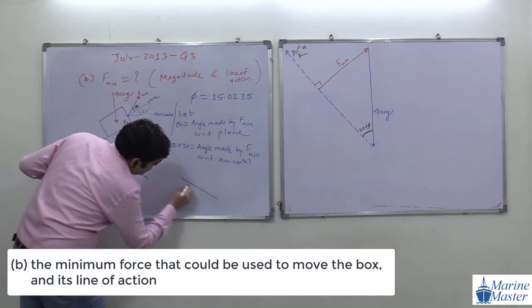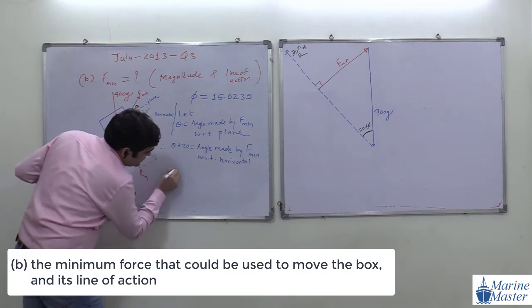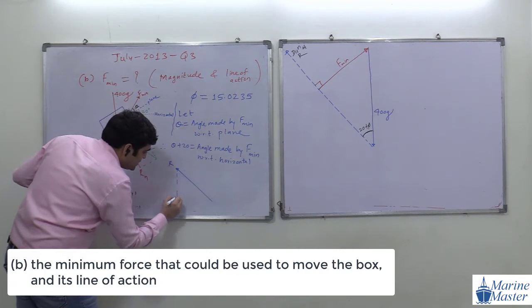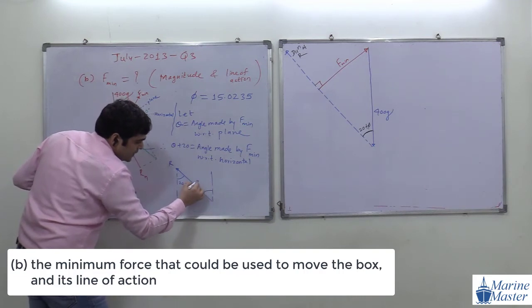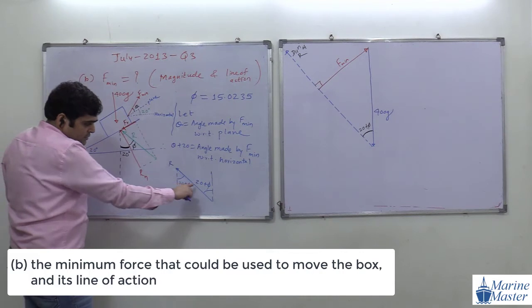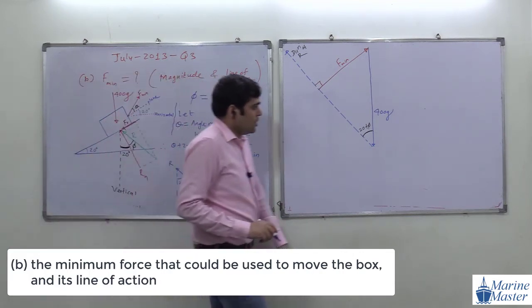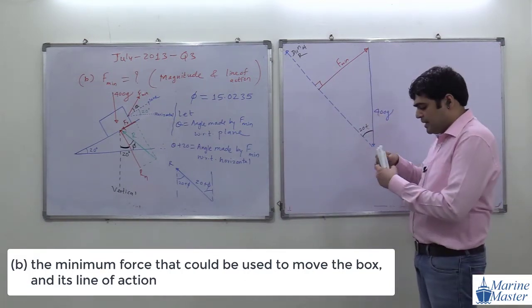This is R. The angle with vertical is 20 plus phi. So according to this drawing, we can show 20 plus phi here also. Everyone got this 20 plus phi? Anyone have any doubt?